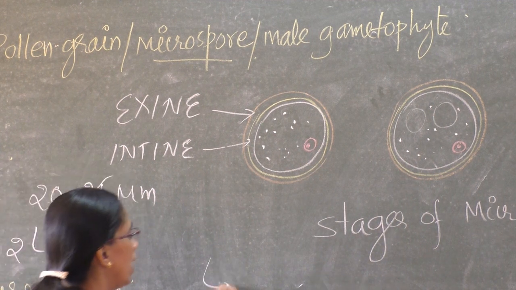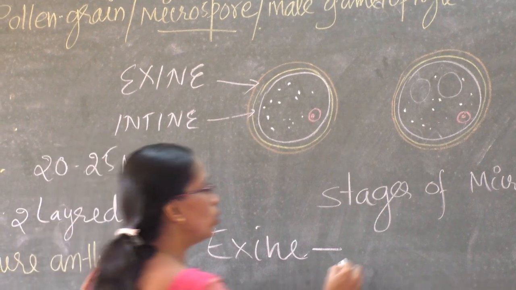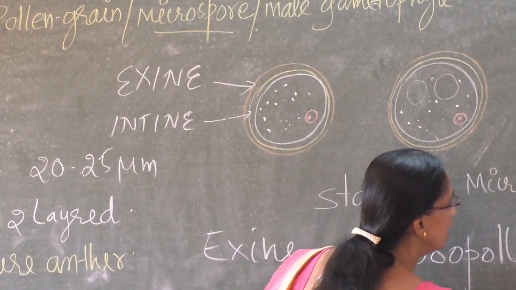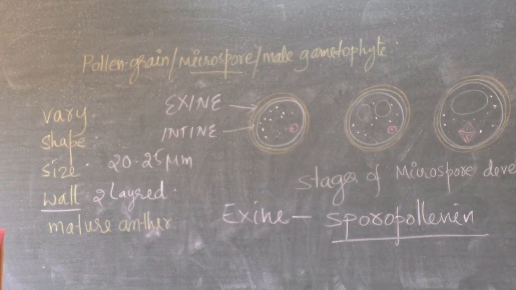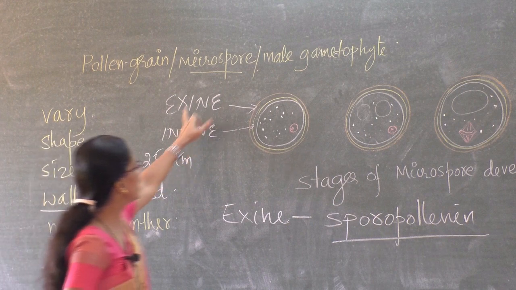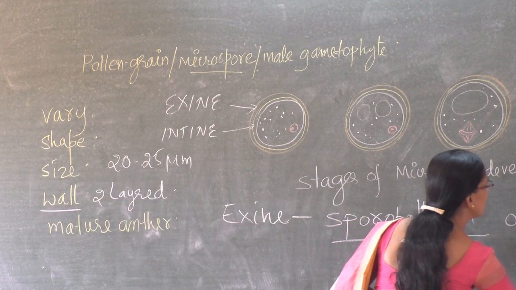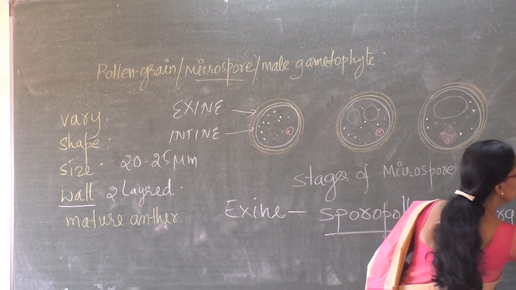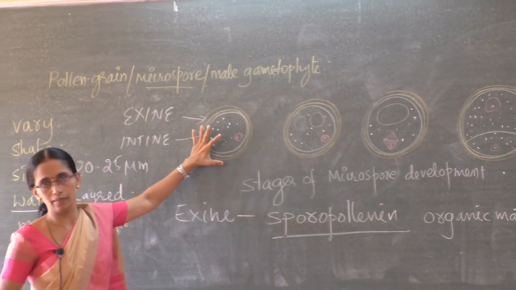Exine is made up of a material known as sporopollenin, a highly resistant organic material, which provides resistance for the pollen grain.